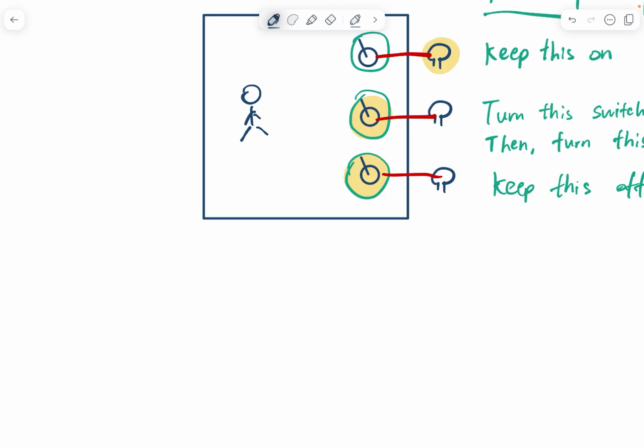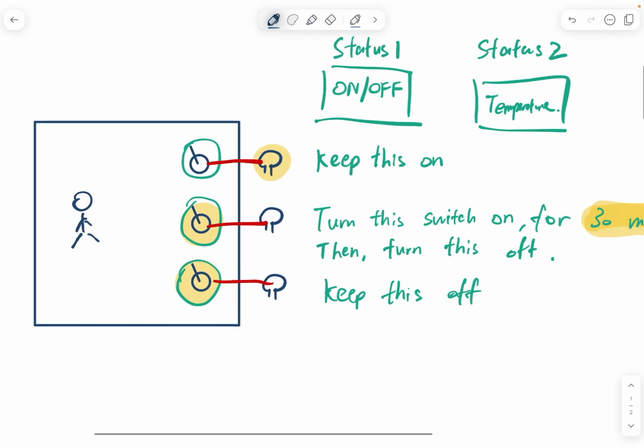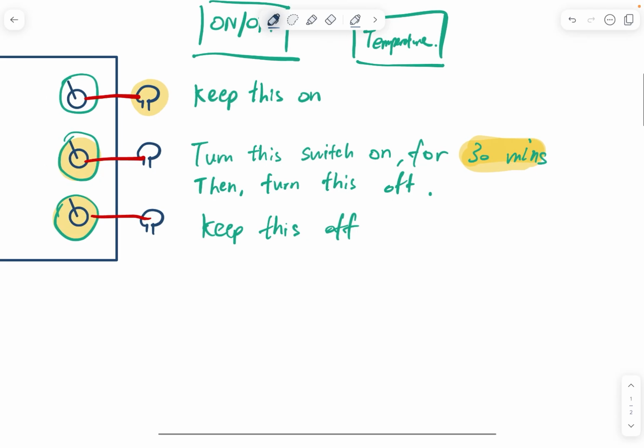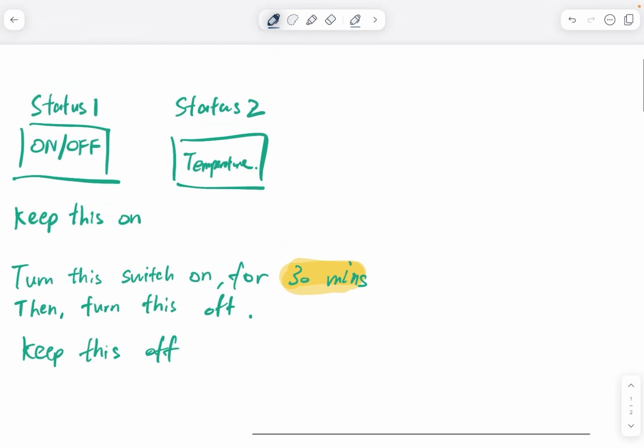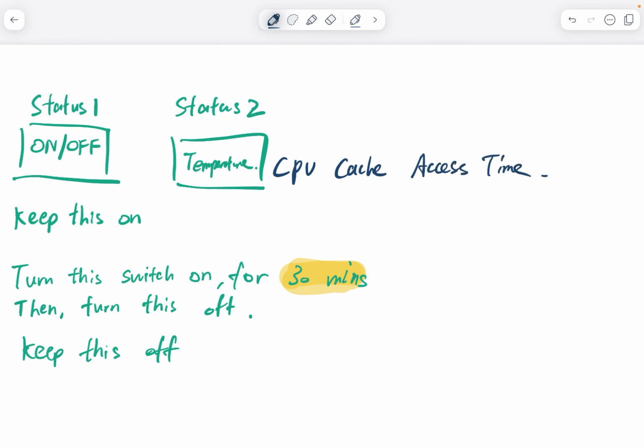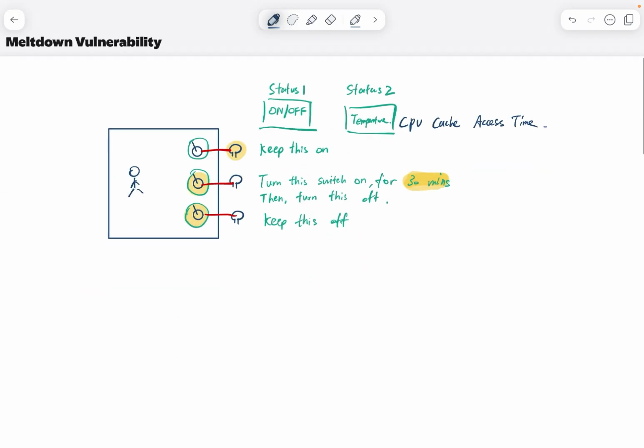And the other status used in the Meltdown vulnerabilities was the CPU cache access time. So the CPU cache access time is the temperature, just like the temperature in this story.